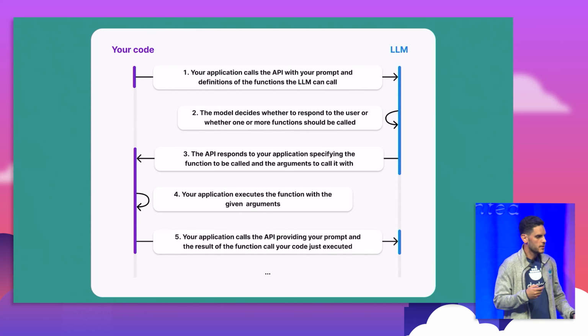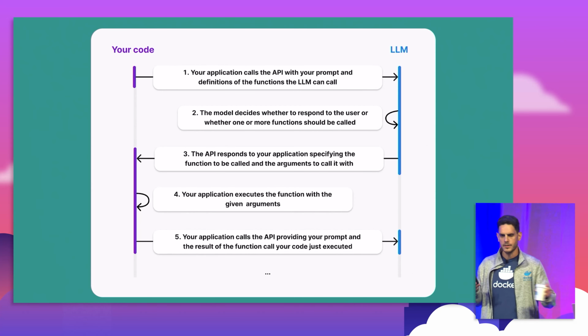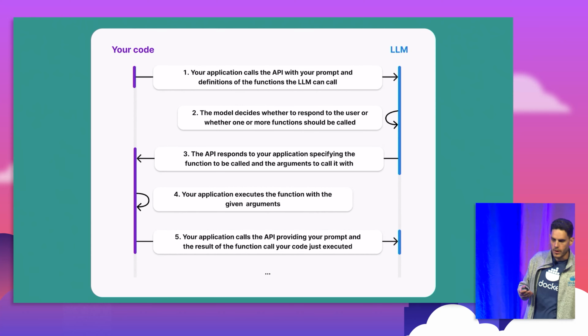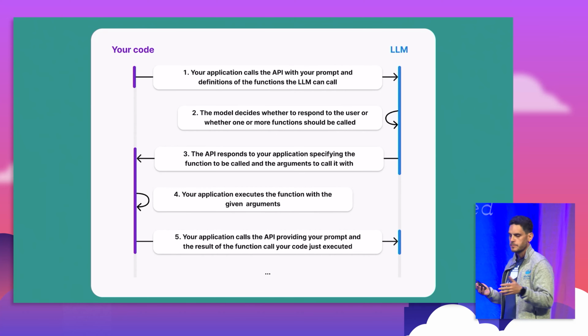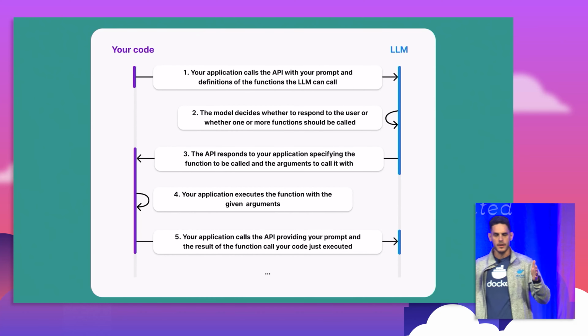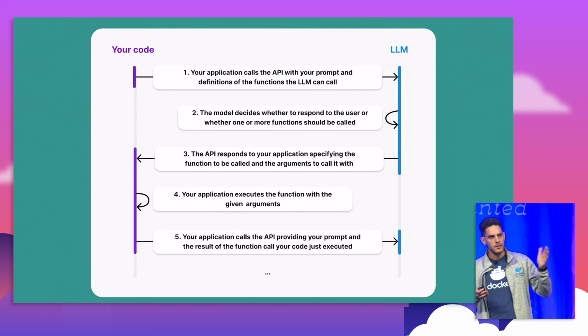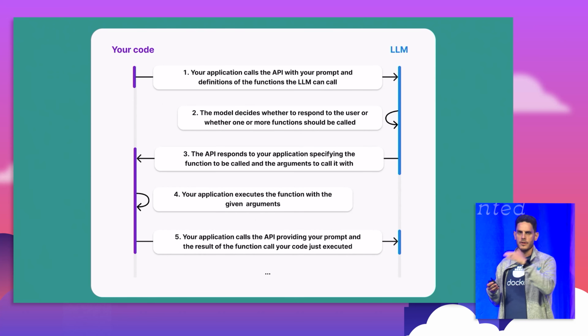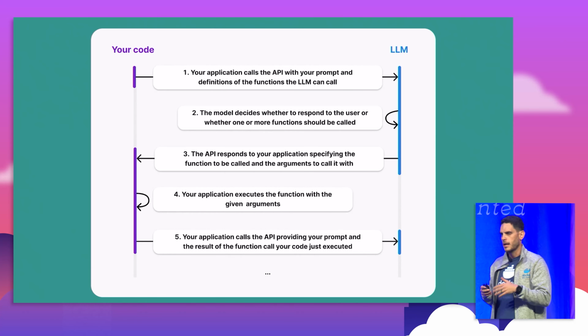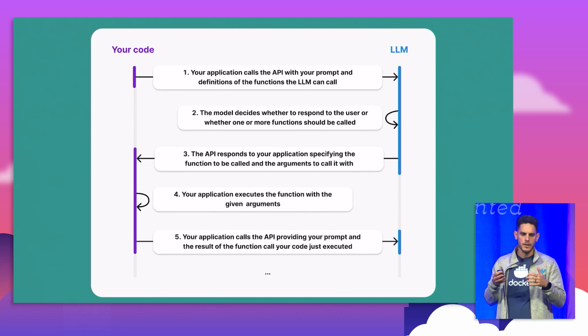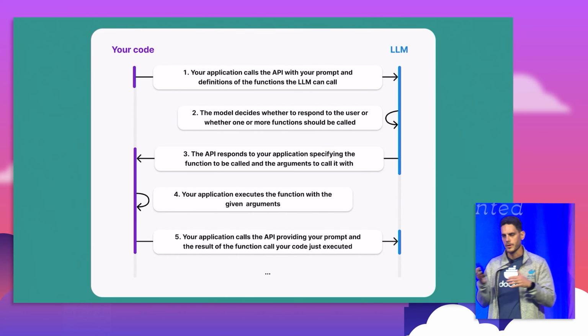Here's a visualization of the basics of an agentic AI workflow. So there's two actors. You've got your code, right? And then you've got the large language model on one side. And essentially what's happening is the code is registering functions, or what are referred to as tools, with the model and giving it some context about when it should call the tool and what to respond to based on the prompt.